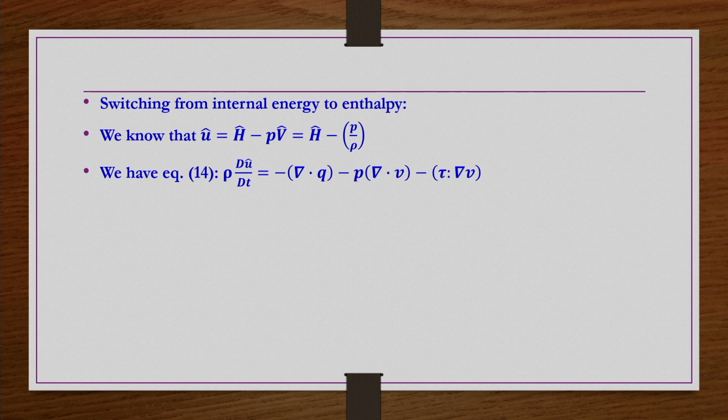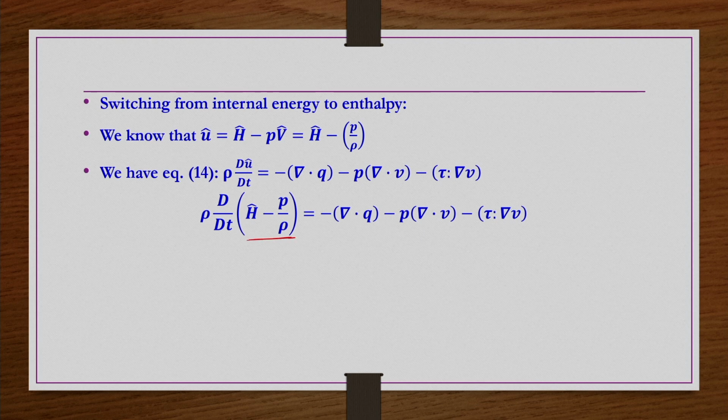Now in place of Ũ you are going to write H̃ minus P by ρ. That means you are going to take the substantial time derivative of H̃ minus P by ρ. The substantial time derivative has to be done in a similar way as the total derivative is done in general. We are going to do that several times in the subsequent slides also.